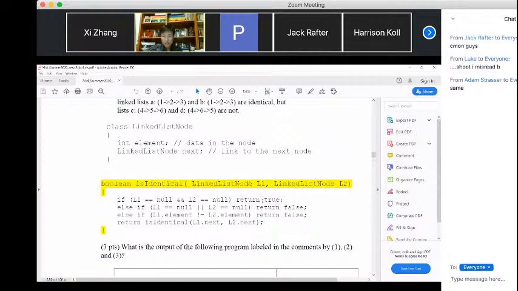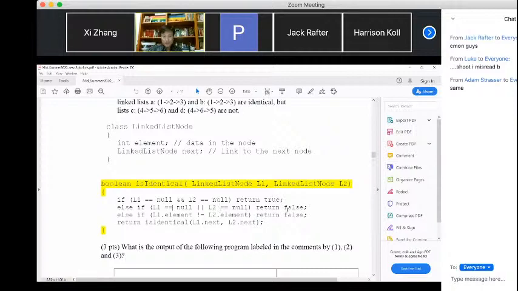And then in the next statement, I check the rank variation. If L1 reaches null or L2 reaches null, that means only one of them is null, right? Because if both of them are null, it should have returned here. So if one of them reaches the null point, one of them must be longer, so I simply return false.